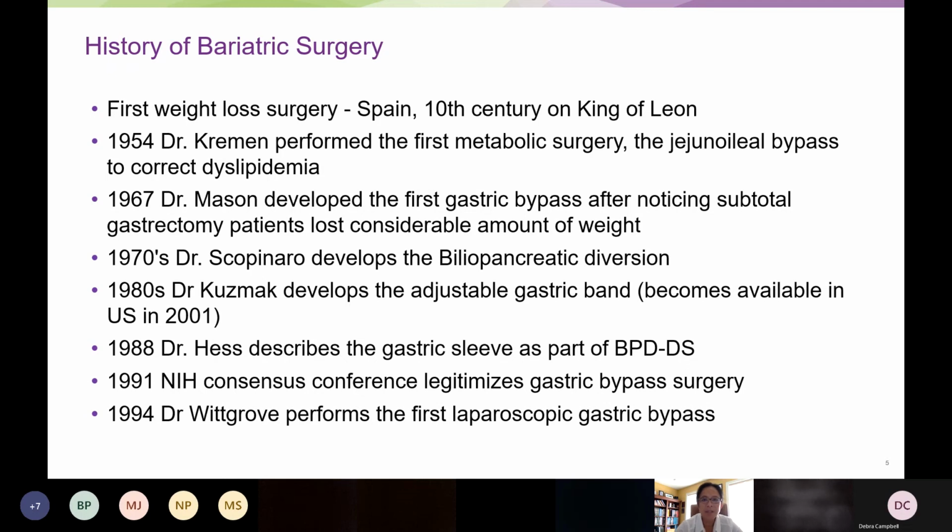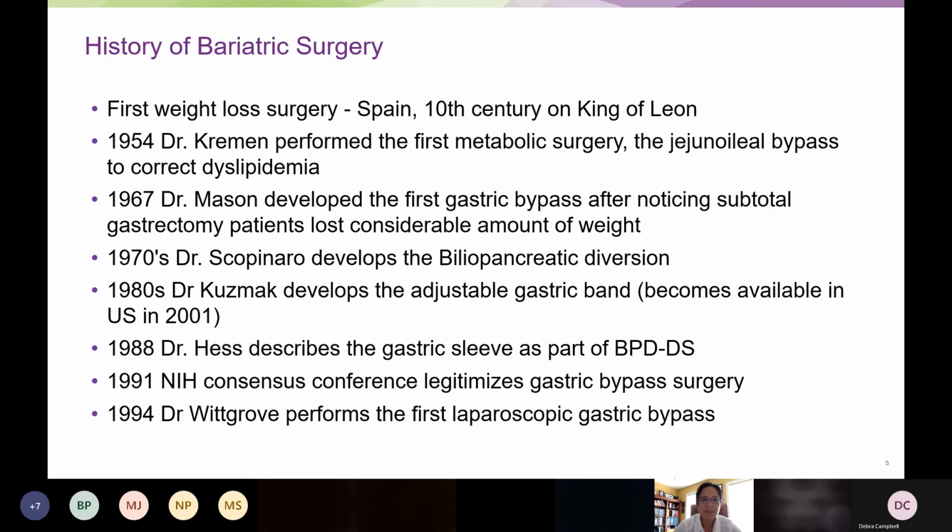What he found was the hyperlipidemia definitely got corrected. All these patients had resolution of their issues. However, they started having problems such as liver failure, diarrhea, dehydration. And so that was not something that lasted. It kind of fell out of favor.